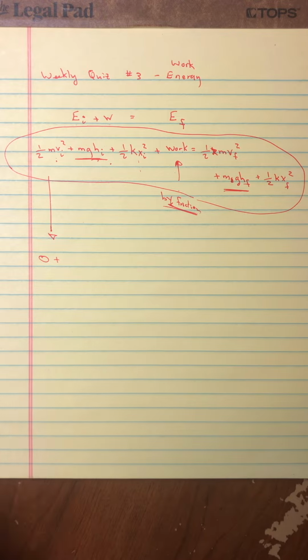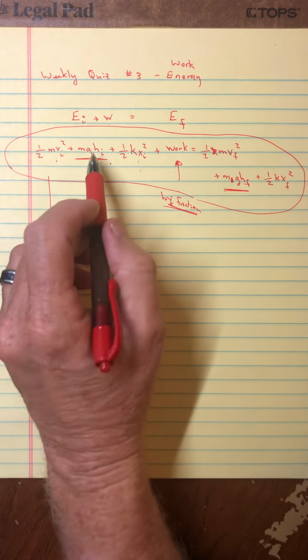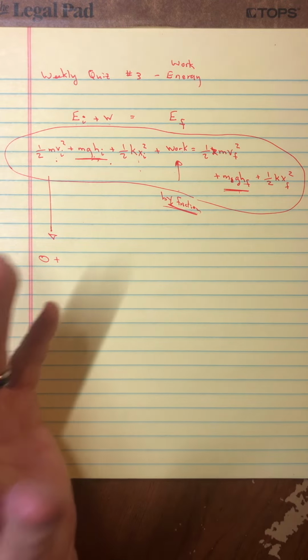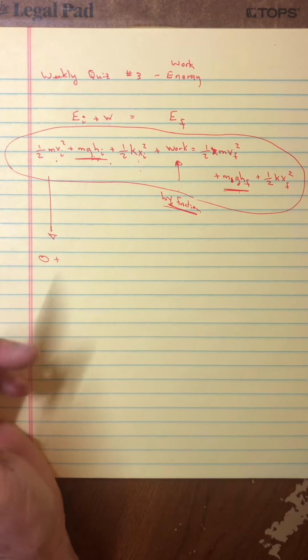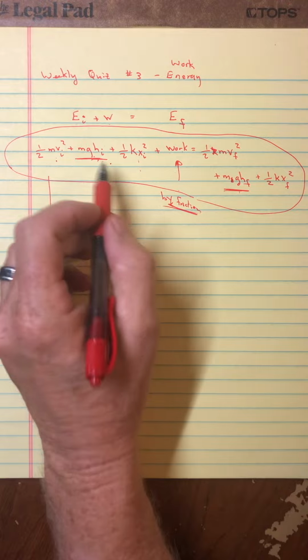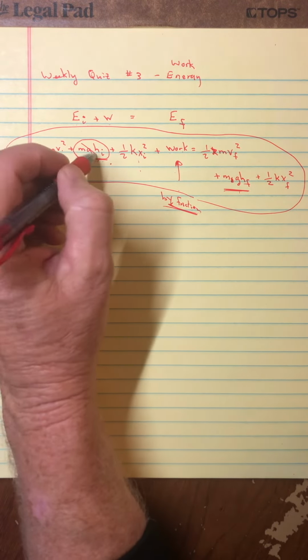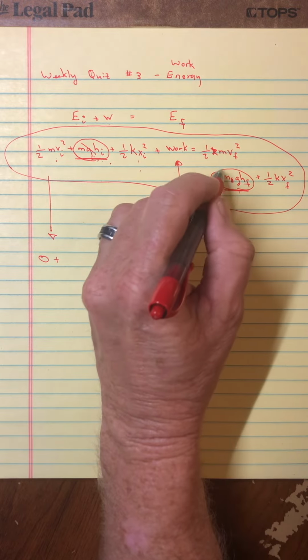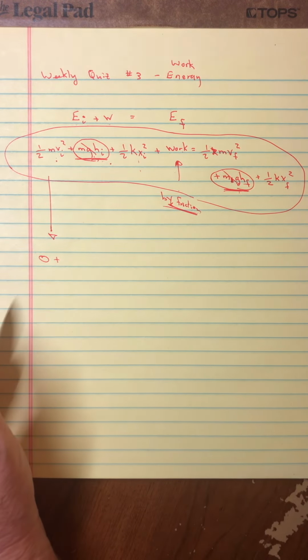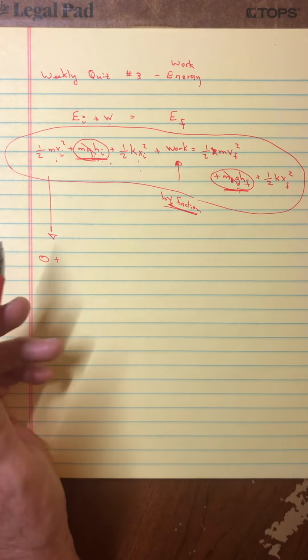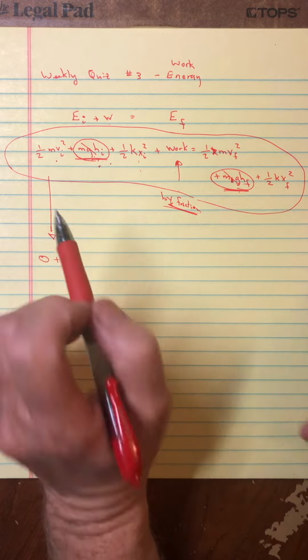Maybe it's just easier to call it height 0, and so that term and that term is 0. Although you might feel more comfortable calling the ground 0. Okay, so then the height of the table might be somewhere near 1 meter. But either way, these 2 are going to cancel off. And so this problem does not involve that term. There is no change in height, so we won't need to worry about that one.